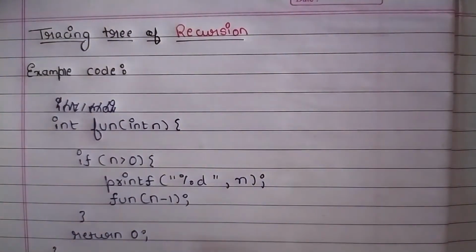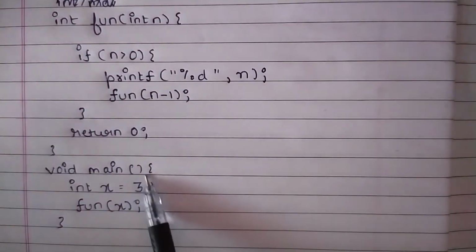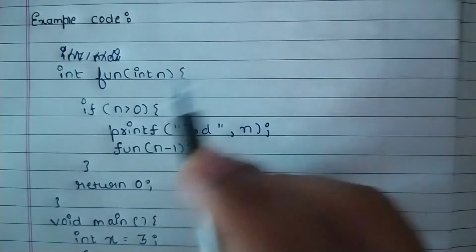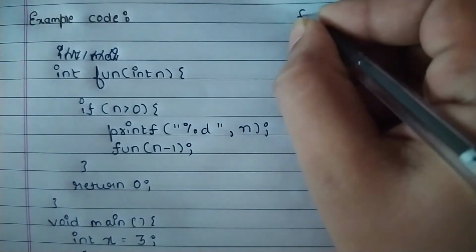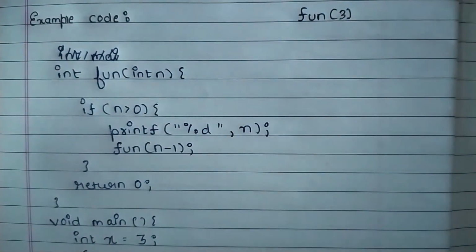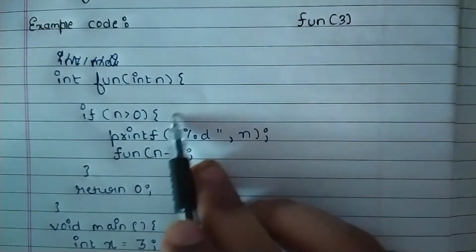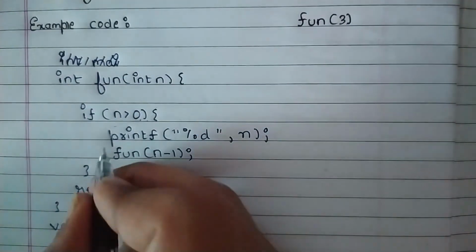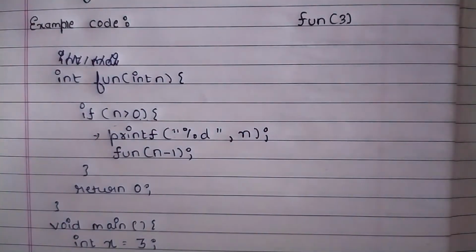First, as we can see, x is 3. So we call fun of 3, after which it goes inside, the condition is true, and it will print this first line.